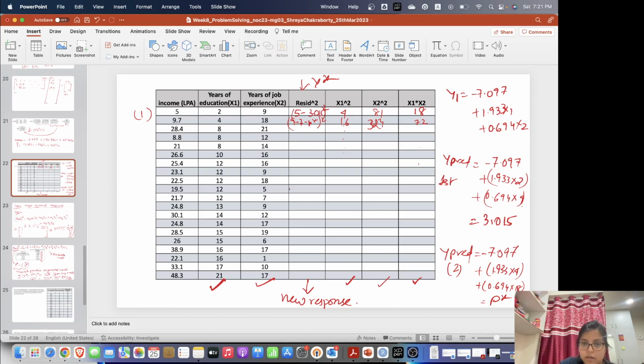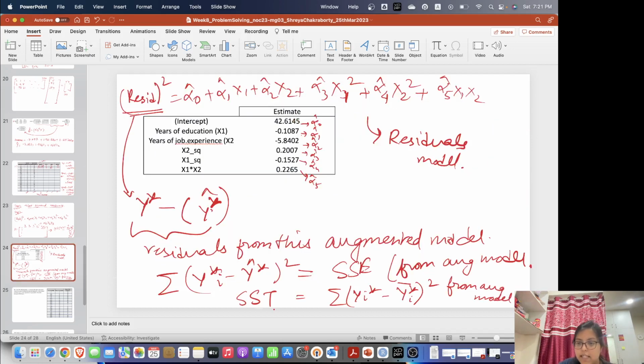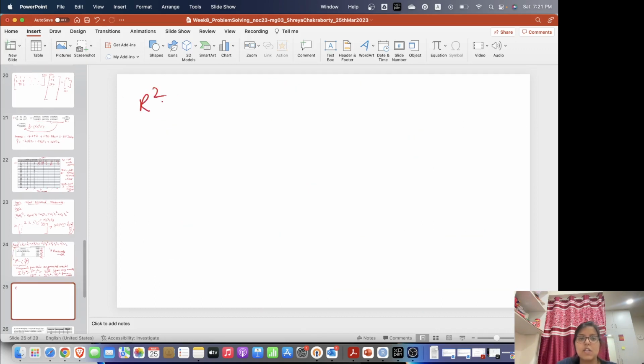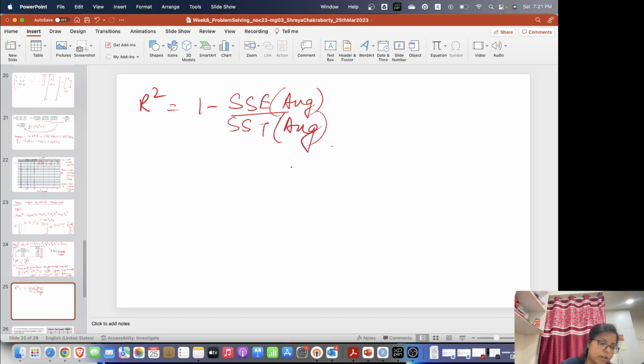So each individual element here minus the mean of the column, whole square, and if we sum it up, that will give us this SST. So once we have SSE and SST, we have to find out R square from this model, that is 1 minus SSE by SST, SSE of the augmented model, SST also of the augmented model.